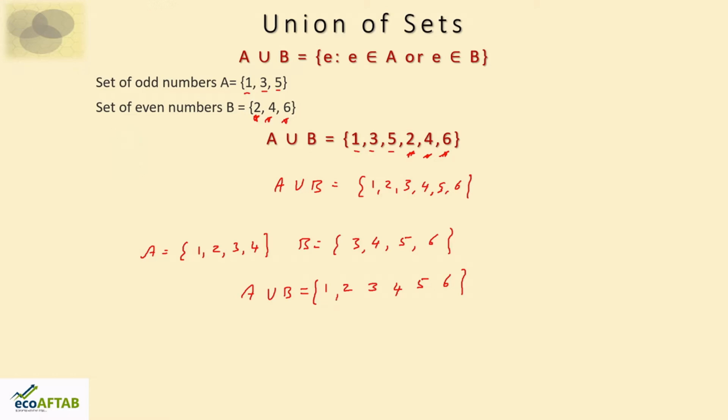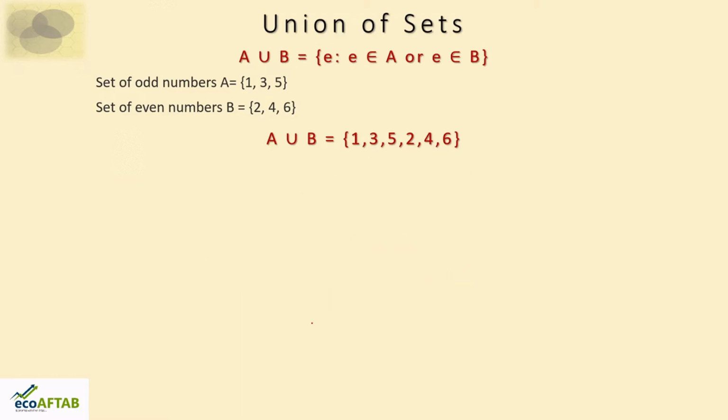You can see here 1, 2, 3, 4, 5, 6 becomes A union B. So 1 belongs to A, 2 belongs to A, 3 belongs to both. It can belong to A or it can belong to B. Similarly, 4 can also belong to both. This is what union of sets is.